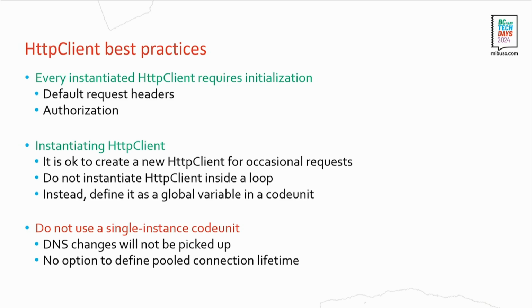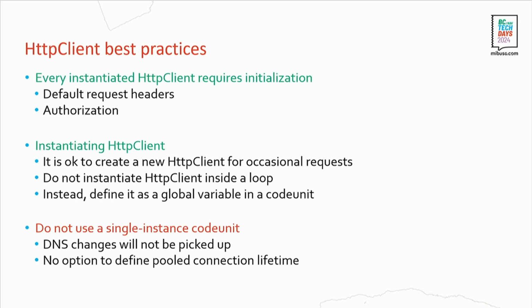But if you have a loop, for example to synchronize data, to send multiple records, you should rather have a codeunit with a global variable for your HTTP client in it, and then initialize it one time, and then make the request multiple times, and then let the codeunit go.